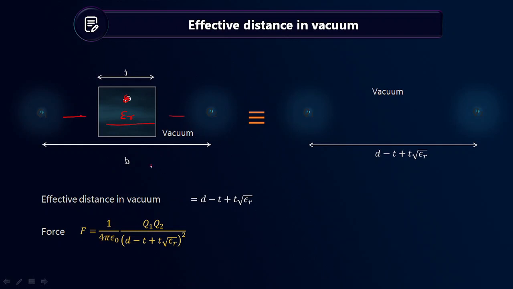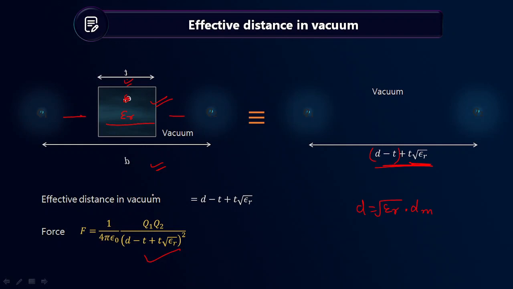If I want to replace this complete part with vacuum, the part which was vacuum is D minus T. And to replace the medium, we know the separation is root under epsilon r into the separation of the medium, which is T. So T into root under epsilon r. Now we have two charged particles and the separation between them is this value, so we can find the force acting between them. Simple, easy. Yes or no?